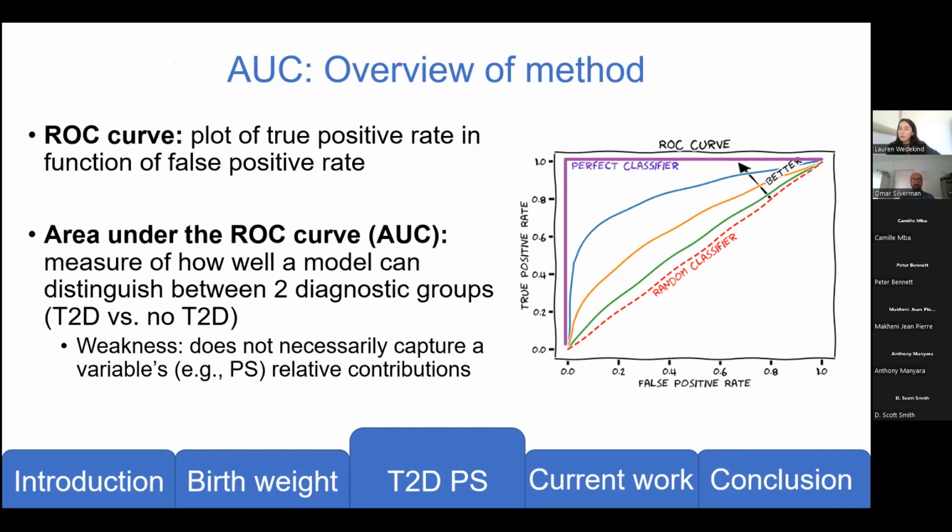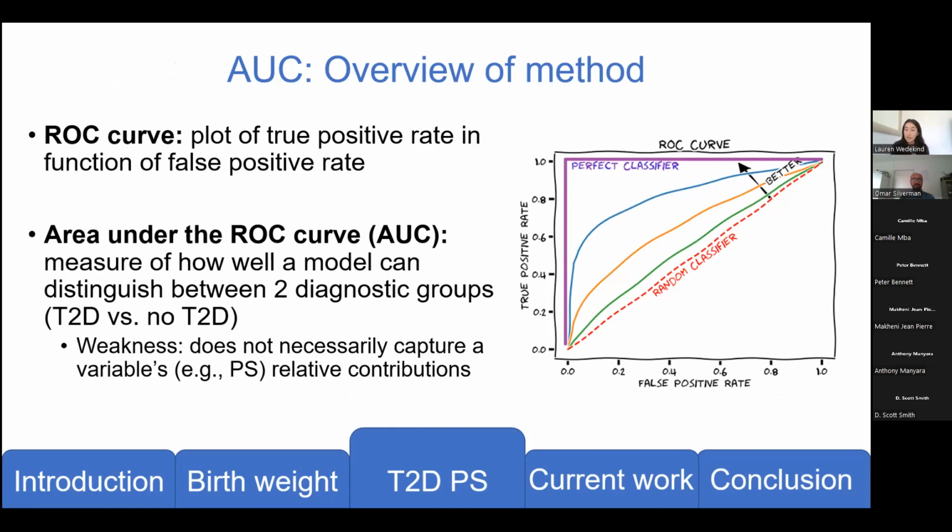And also a way to measure how good a predictor is, basically predictive accuracy, is called the area under the ROC curve. So the ROC curve is a plot of the true positive rate, so when things are identified as cases and that's correct, as a function of the false positive rate, so identified incorrectly as cases.